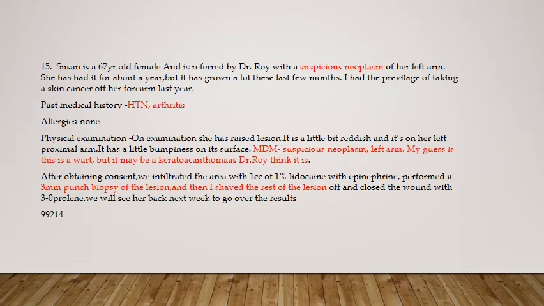So this patient has a suspicious neoplasm on her left arm. The physician's guess is it is a wart, but Dr. Roy's guess is it is a keratoacanthoma, which means they don't have a final diagnosis. All these guesses, like wart, keratoacanthoma, suspicious neoplasm, are all differential diagnoses only. What is a differential diagnosis?